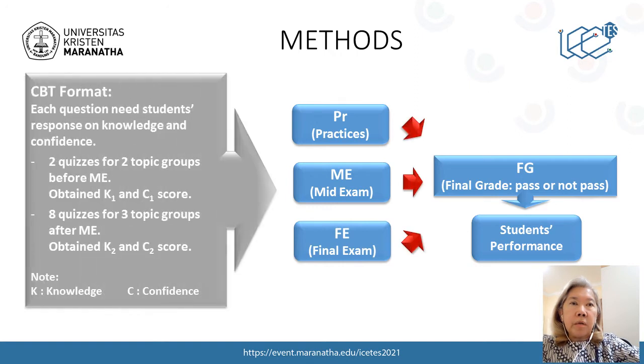Along the semester, there are two quizzes for two topic groups before midterm. From this step, we obtain K1 and C1 scores, and 8 quizzes for three topic groups after the mid-exam to obtain K2 and C2 scores, where K is for knowledge and C for confidence.